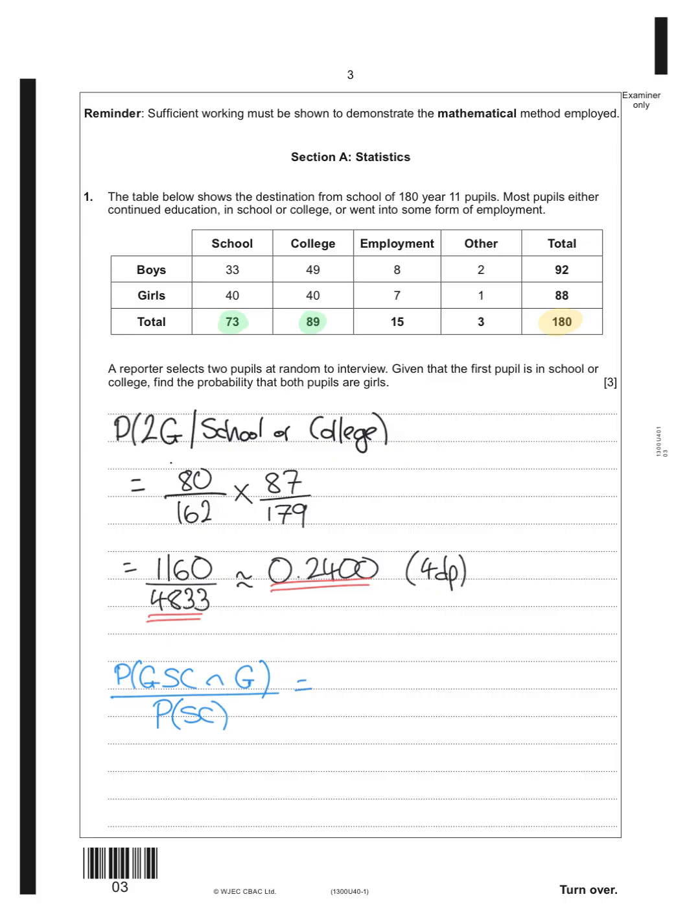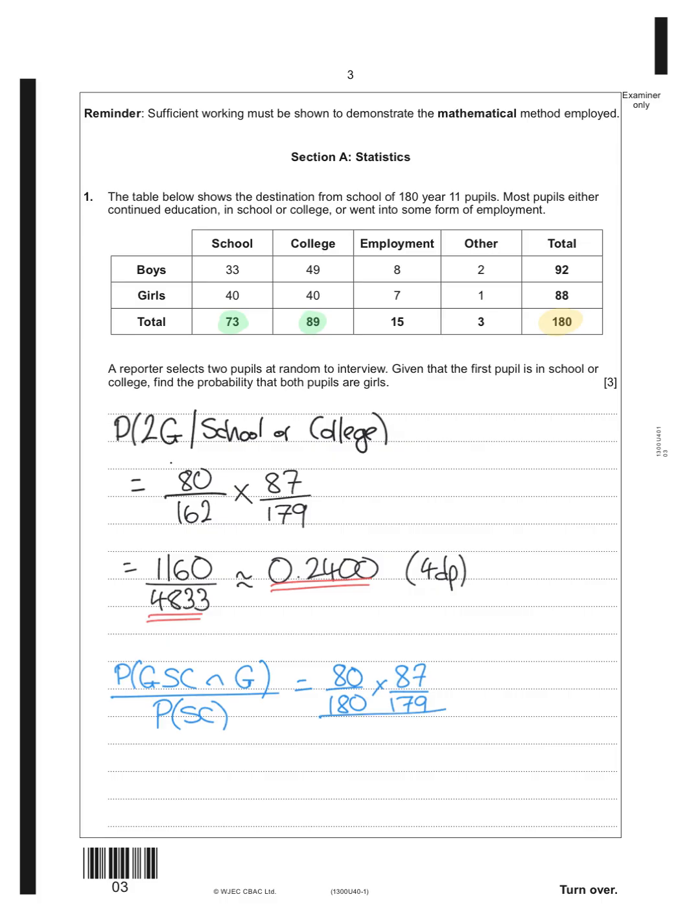Okay, so the probability of getting a girl in school or college, well, it's those 80 people we talked about out of the original 180 people. Then my second person has just got to be a girl, and we've used one of the 88 girls, so there's now only 87 different ones left to choose from out of a total of 179, because one person has gone from the whole group.